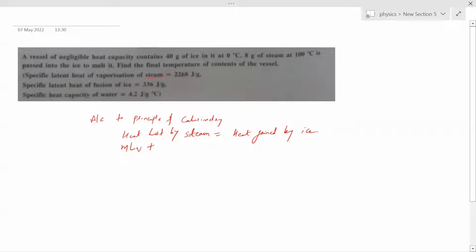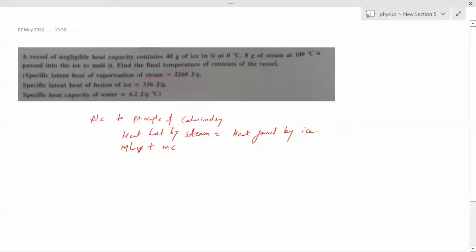Steam, na? L is latent heat of vaporization, V, that is fine. Next, what should I write? m c delta T. m c of steam, because steam is converted into water.